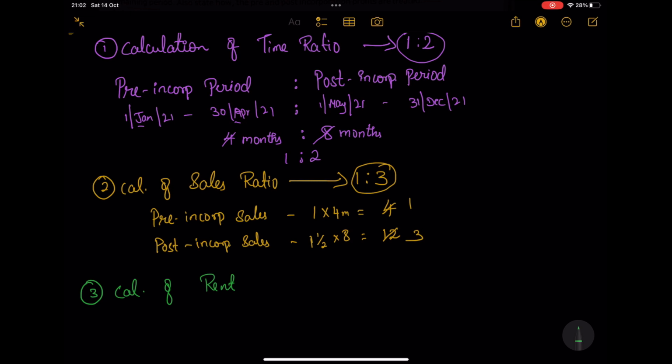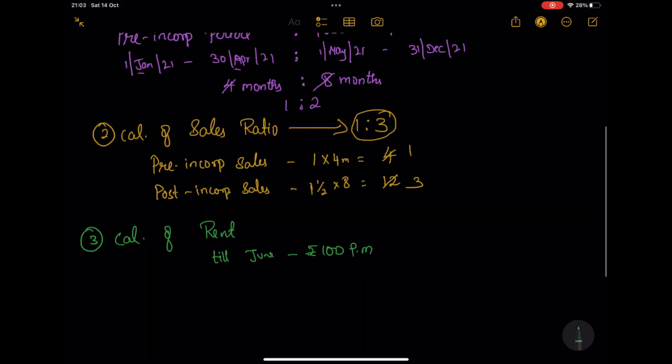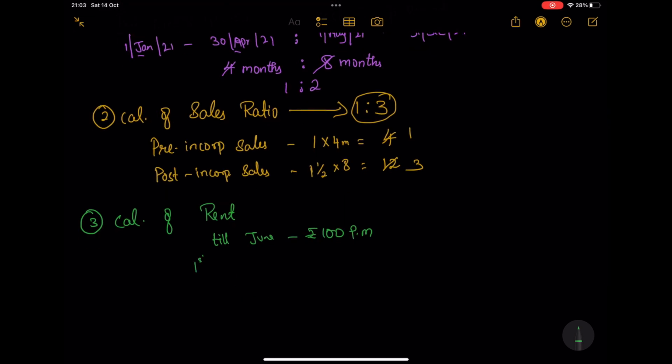So rent till June was 100 rupees per month. Got it? Next, what they have given means it was increased to 3,000 per annum from 1st July. Got it? This is the information.